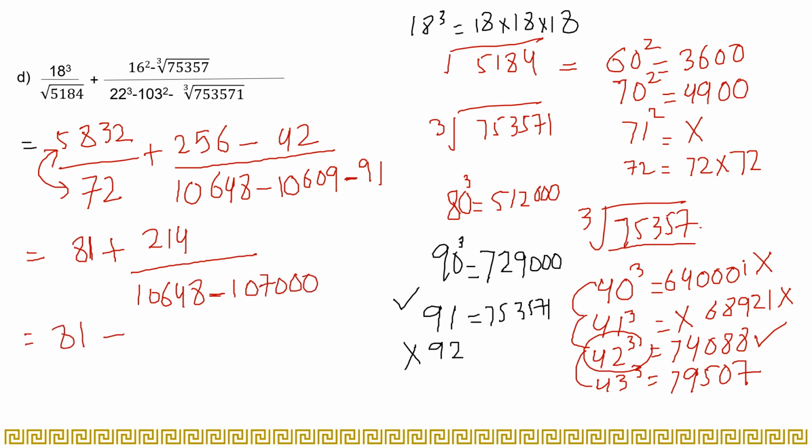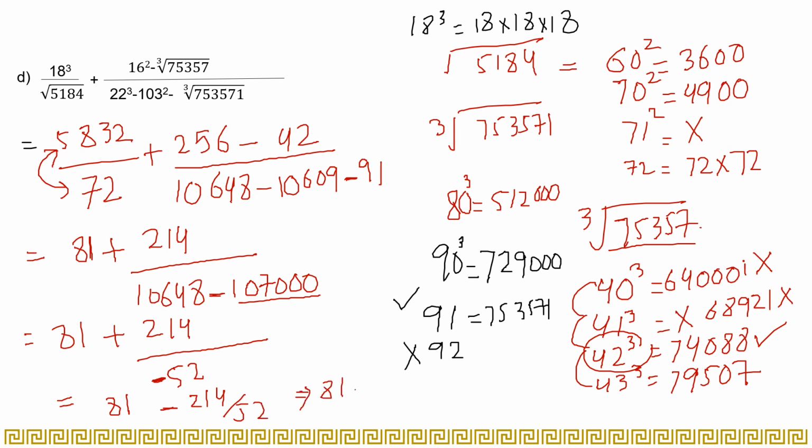Now 81 plus 214 divided by, subtracting these two numbers, will give me 52. And look for this sign. This number is greater, so that means the sign that will appear here is minus. Now see, 81 plus minus is minus 214 divided by 52, right?